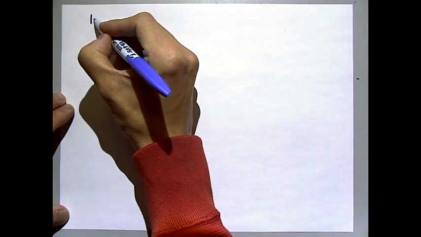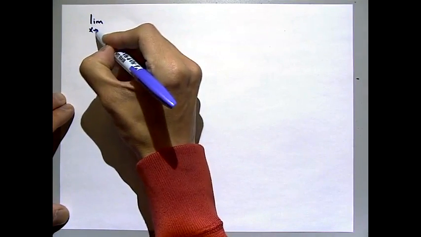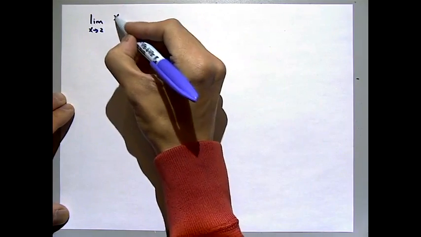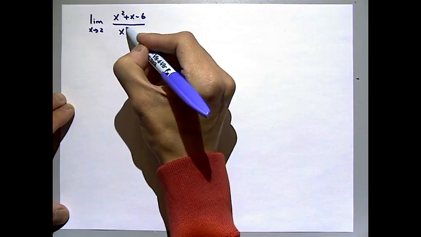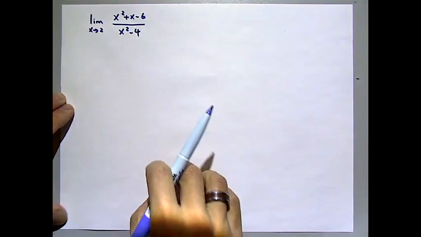Okay, let's try this on the thing we did at the beginning. The old way, we factor and cancel stuff and we got a limit. Now let's try L'Hopital's rule.